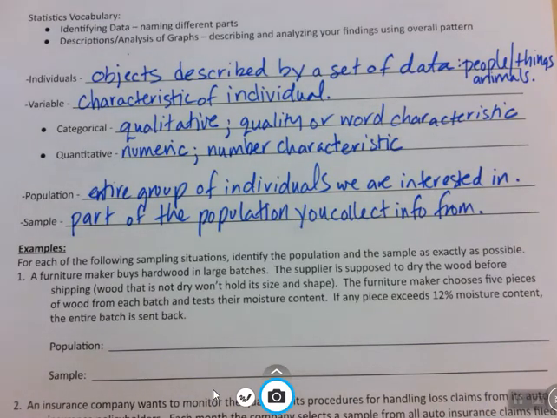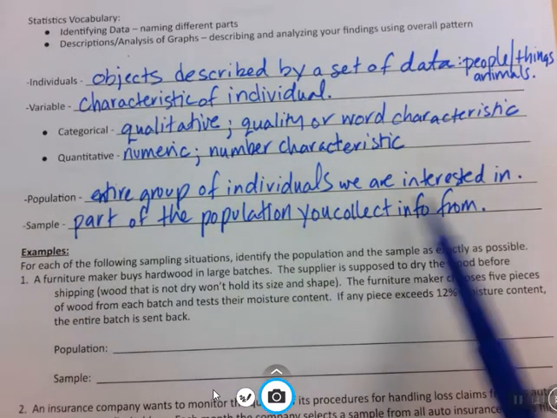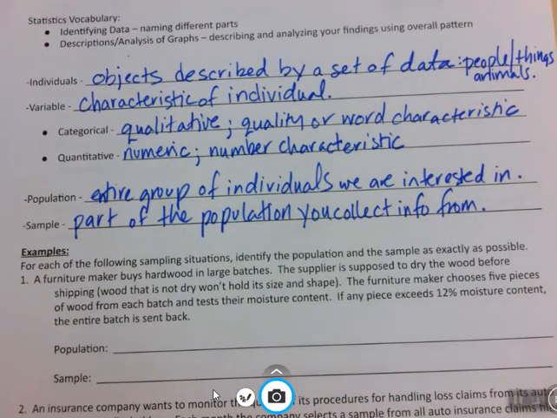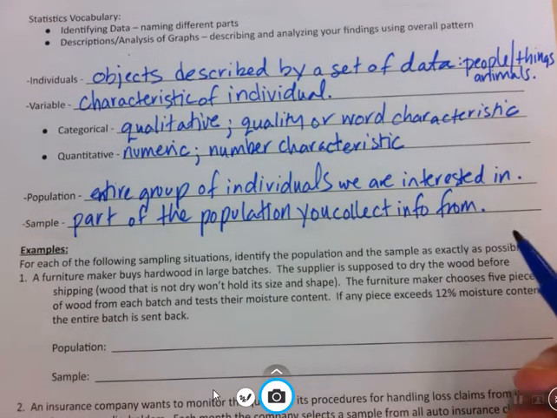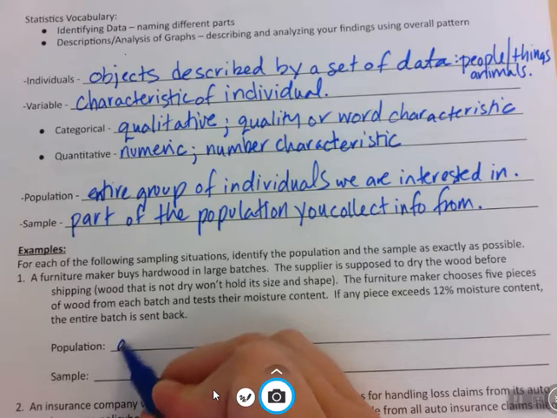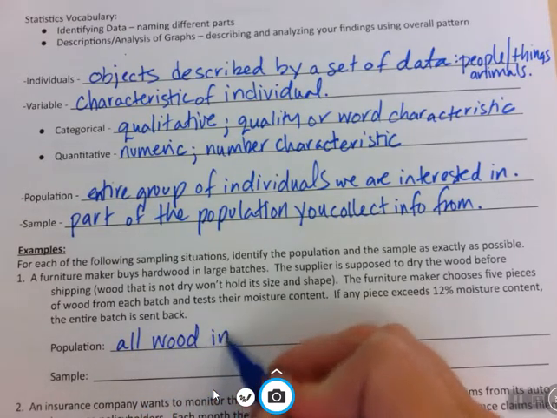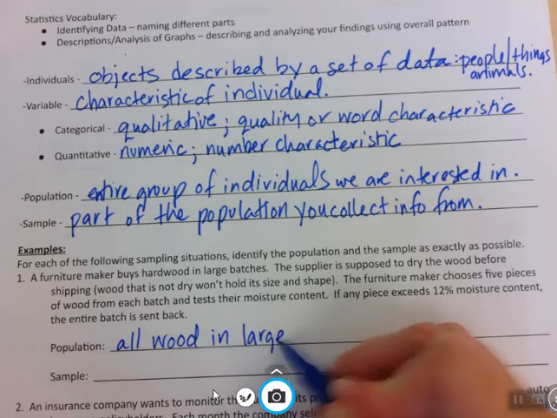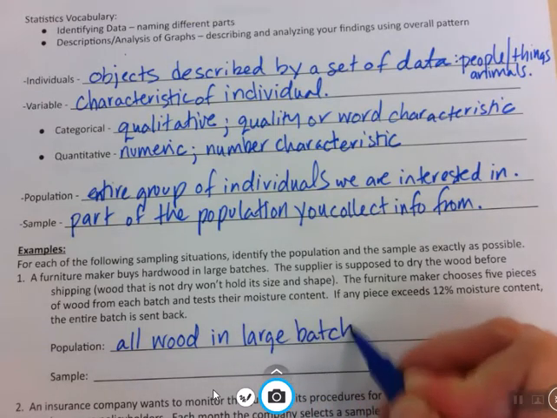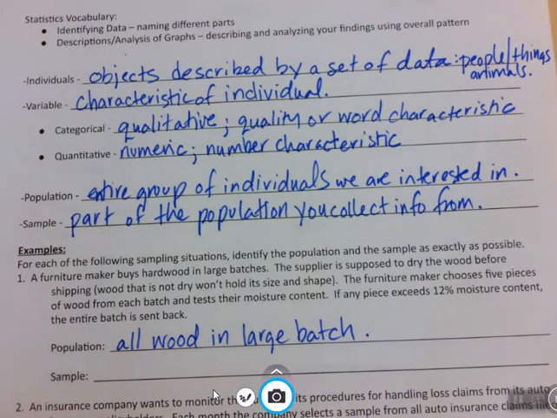Okay, so the population is the entire group of individuals we're interested in. So what are we interested in here? Yes, all of the wood in the large batch. But what is the sample?